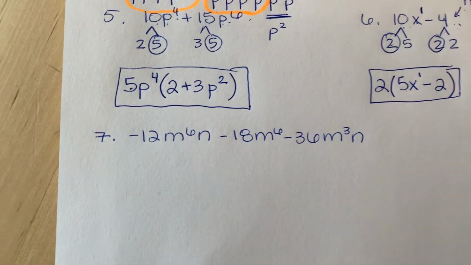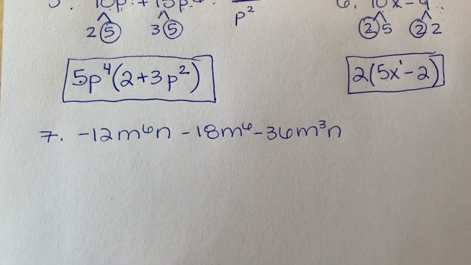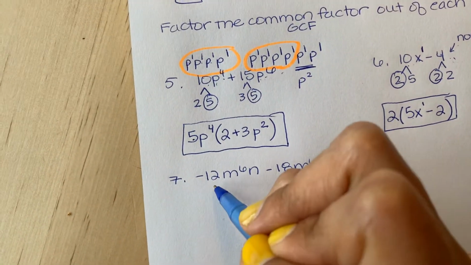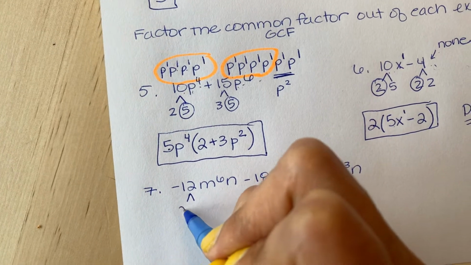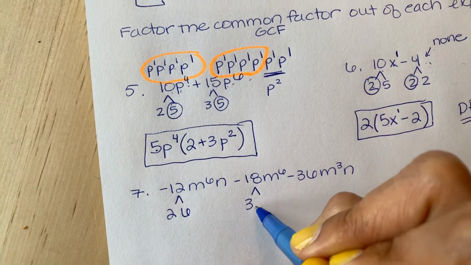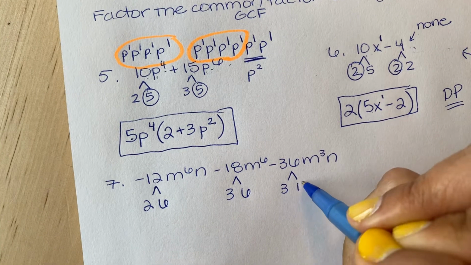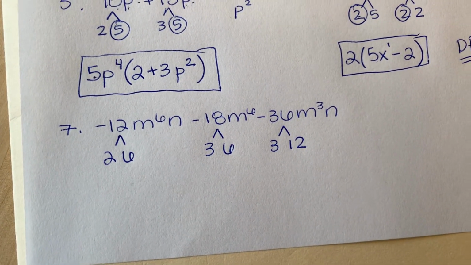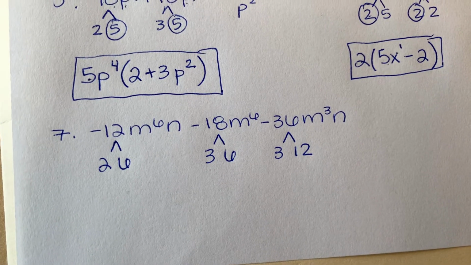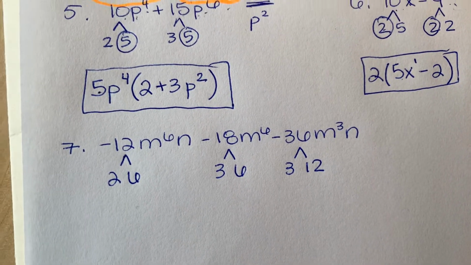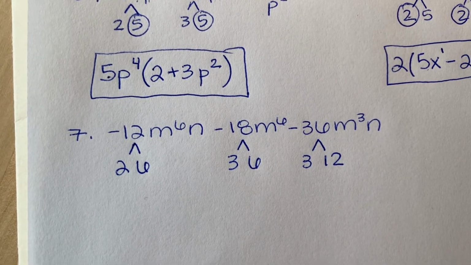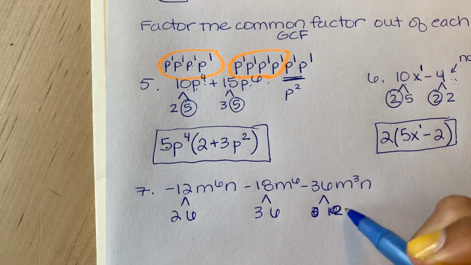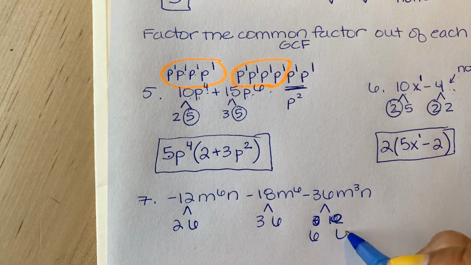Okay, so now we have a trinomial, 3 terms. All right, so let's break them down. I have 12, so I have 2 times 6, 3 times 6, 3 times 12. So looking here, I think the 36, I'm going to change it, and so make it 6 times 6.